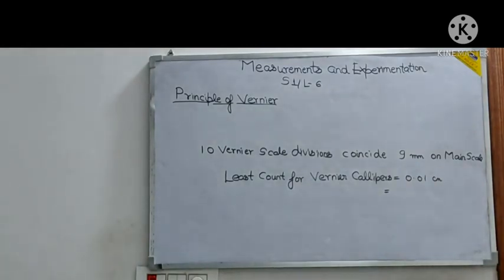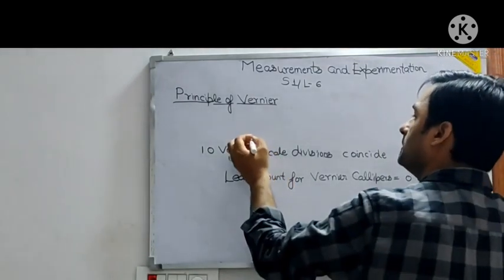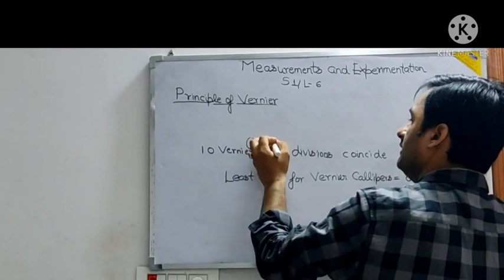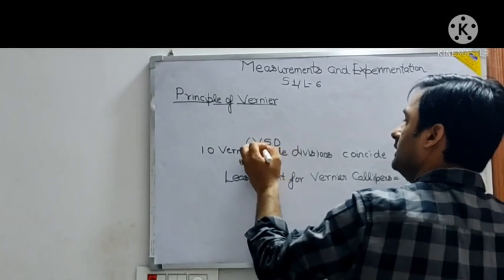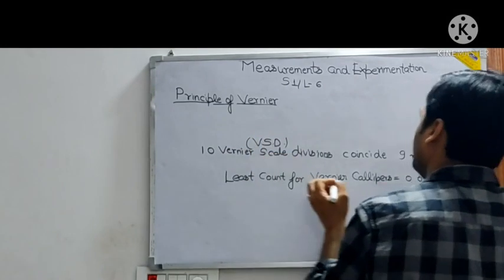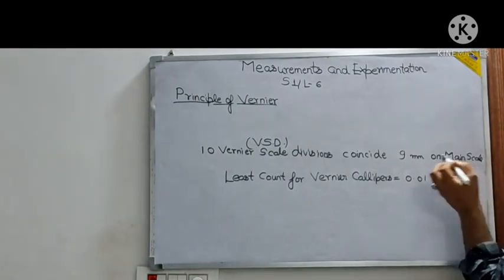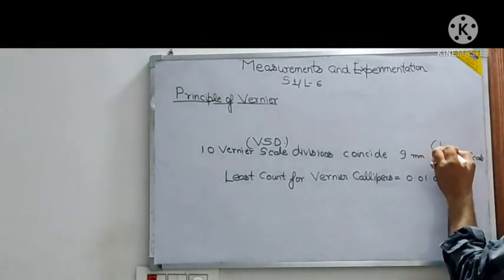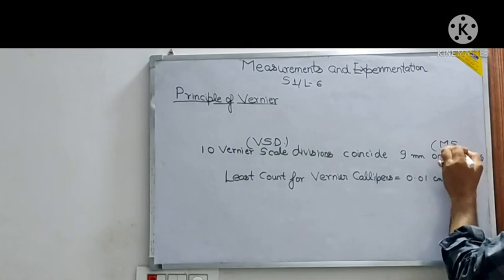So 9 mm on the vernier scale is equal to 9 divisions, see here. Now see, these vernier scale divisions we are calling VSD. This is a short form, and main scale divisions we are just calling MSD.